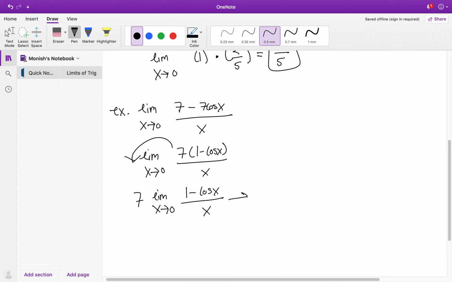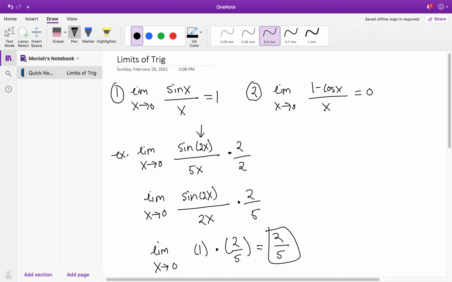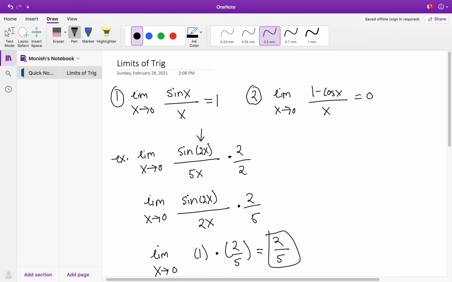And we know this goes to 0, so 7 multiplied by 0 would just get us 0. And those are the two basic limits you want to have memorized so that you can apply them in a variety of different problems.